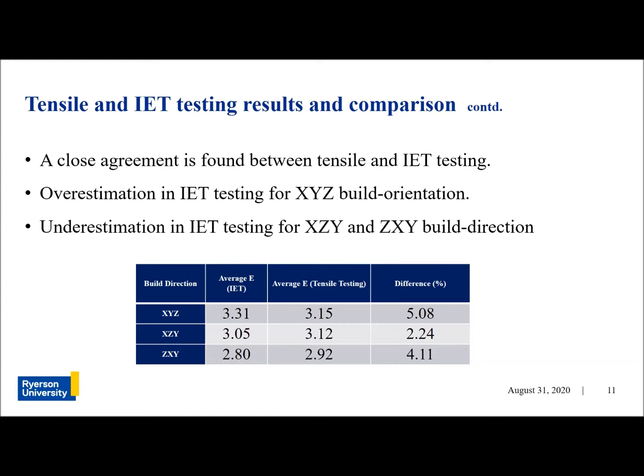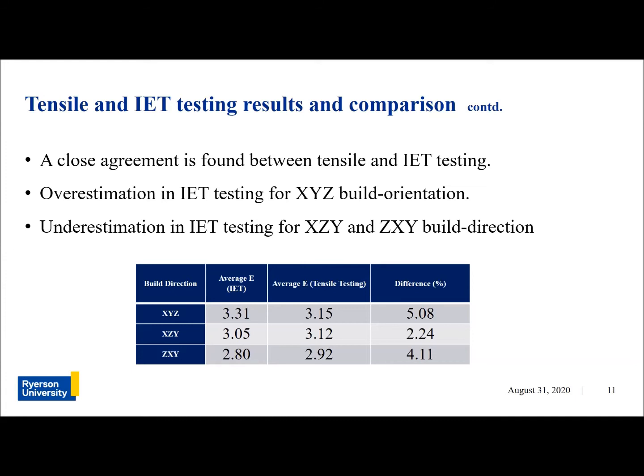Further examination of data from the table reveals that the elastic moduli decrease from XYZ to XZY and from XZY to ZXY. The differences in directional elastic moduli can be associated with the build direction.